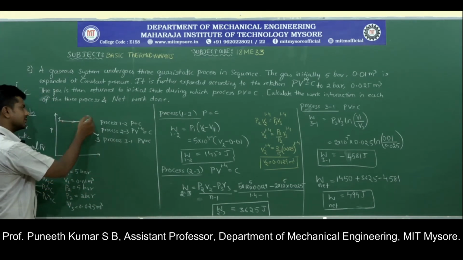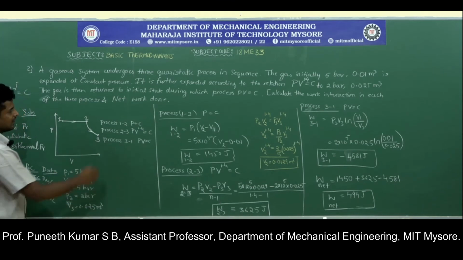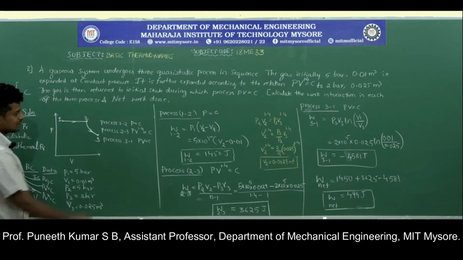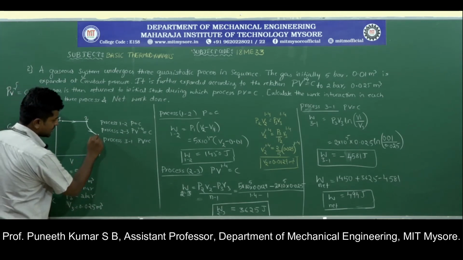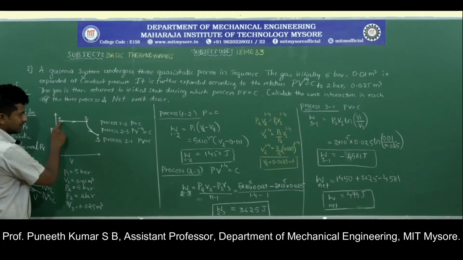Process 2 is taking place between state point 2 and state point 3, and process 3, the isothermal process, is happening between state point 3 and the initial point 1.